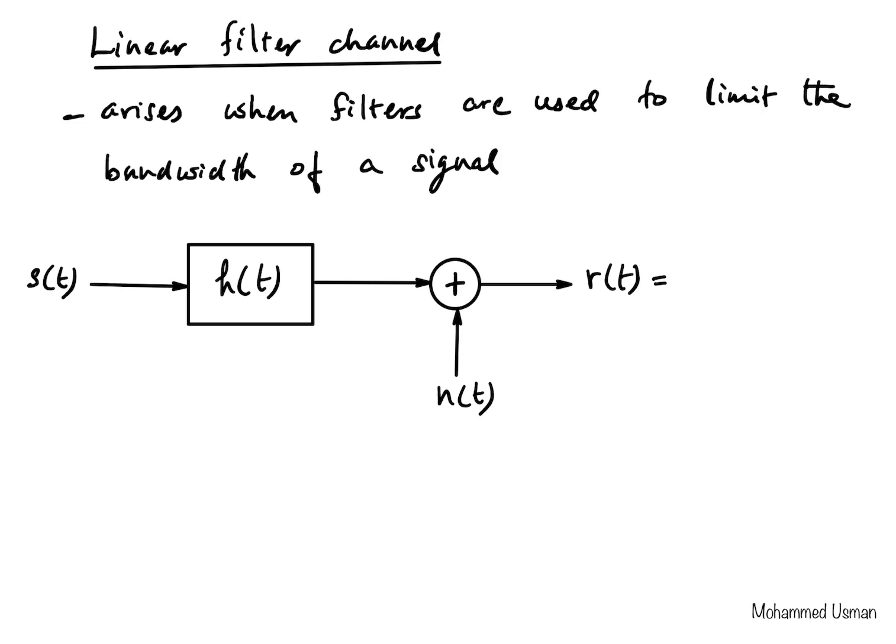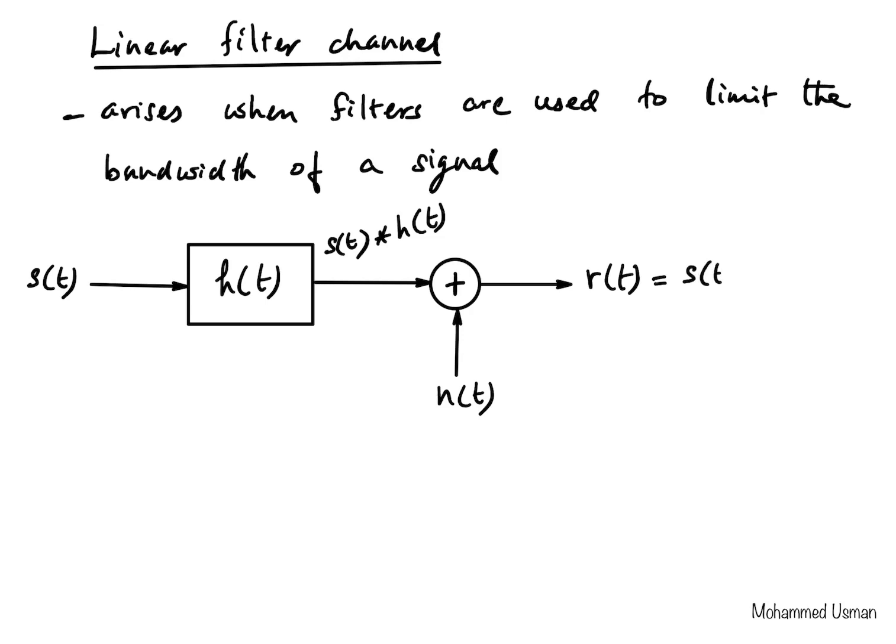So the output of the linear filter is s of t convolved with h of t. I'm writing the convolution operation as a star, s of t star h of t, and to that the noise gets added.